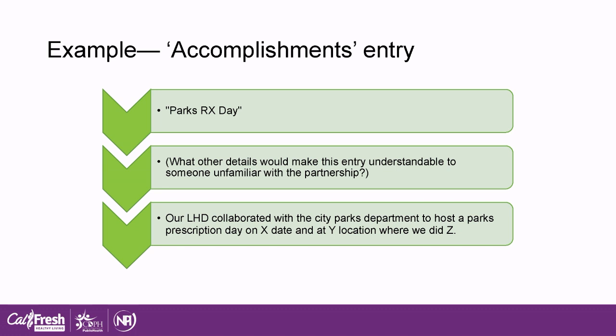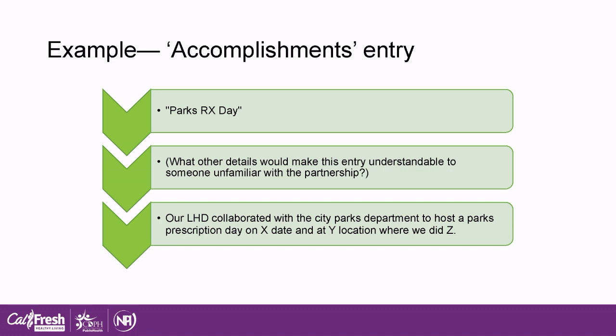In this final example, someone has inputted Parks RX Day as their response to the accomplishment section. So, how could this entry be more informative? A great first step would be expanding the entry to be at least one complete sentence. Is this an event that is in its planning stages, or did it already happen? If it has already happened, when and where was it?